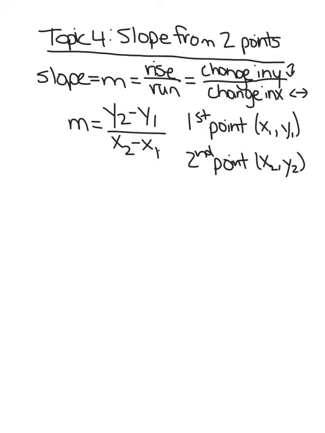So we have 2 points, just like in topic 3 notes. We counted the rise over run from point 1 to point 2. Now we still have 2 points: an ordered pair for the first point and an ordered pair for the second point. We take the second point and subtract the coordinates for the first point, and we do the y's over the x's. Y's always go on top, x's always go on bottom.